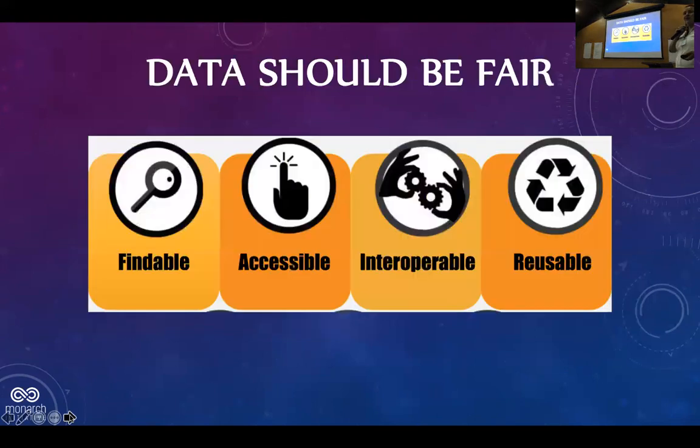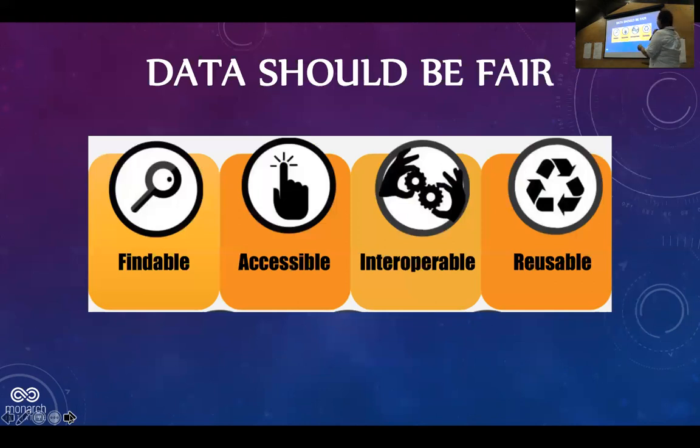Many of you have probably heard this. Who has heard of FAIR before? Okay, so FAIR is an acronym that was born a couple of years ago, and it tried to describe the things that we need in order to keep our data useful and in order to make our data meaningful.